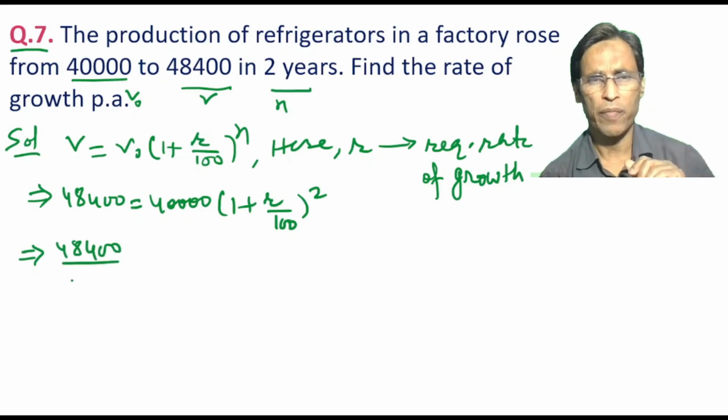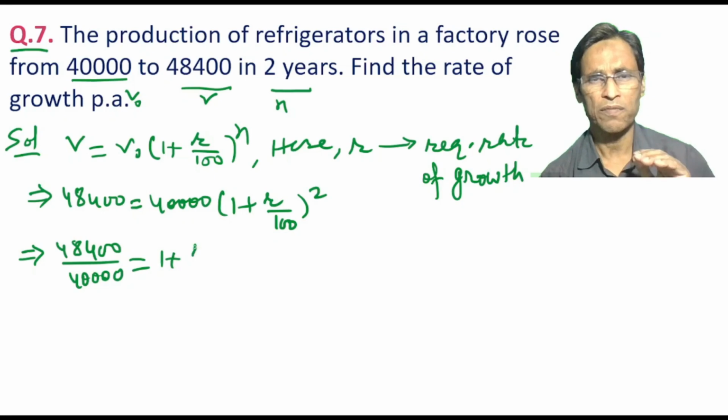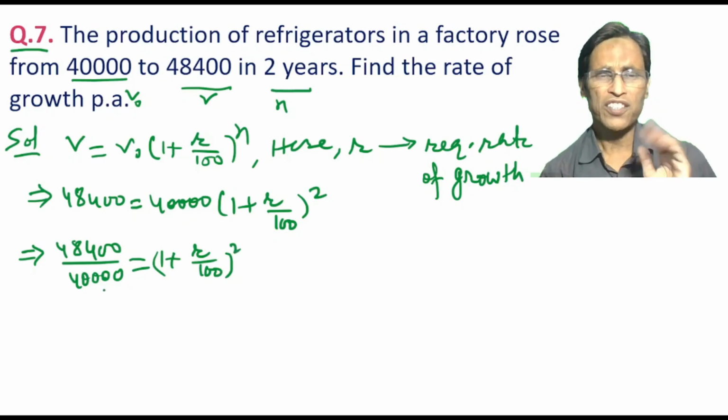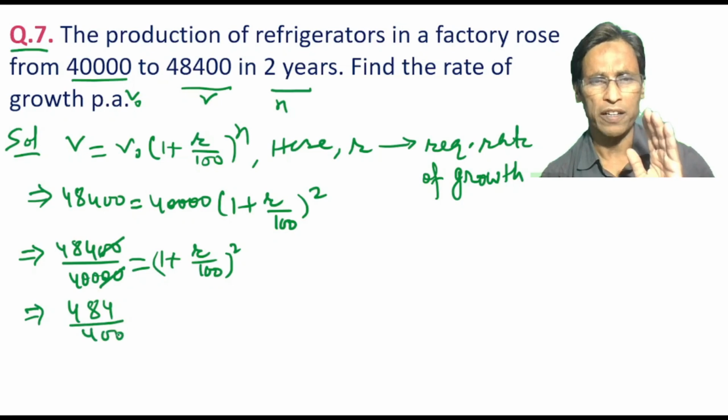48,400 by 40,000 will be equal to (1 plus R by 100) to the power 2. In the next step, we will simplify. LHS will become, by cancelling these two zeros, 484 by 400.